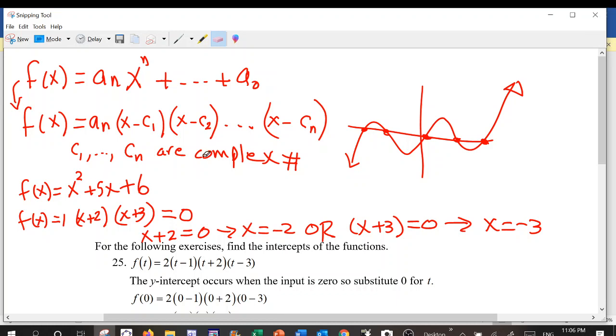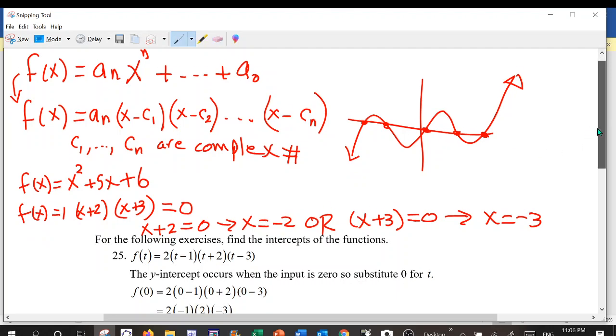We're going to talk about that in future sections. But for now, these are real numbers right here. So the x-intercepts of a polynomial, if you're given it in this form, are just opposites of these numbers. And the y-intercept is easy to find: just substitute 0 for x.